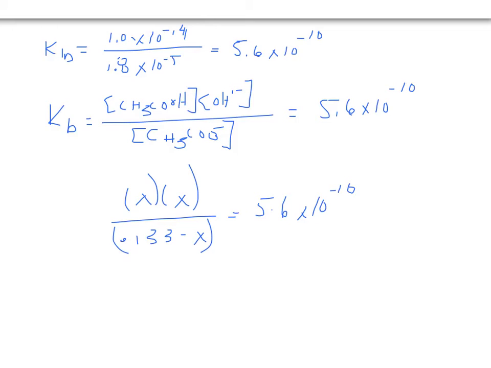I want to avoid doing the quadratic formula, so I check the assumption and it works. That means if I subtract x from 0.133, I'll get 0.133. 0.133 times 5.6 times 10 to the minus 10 will equal x squared.